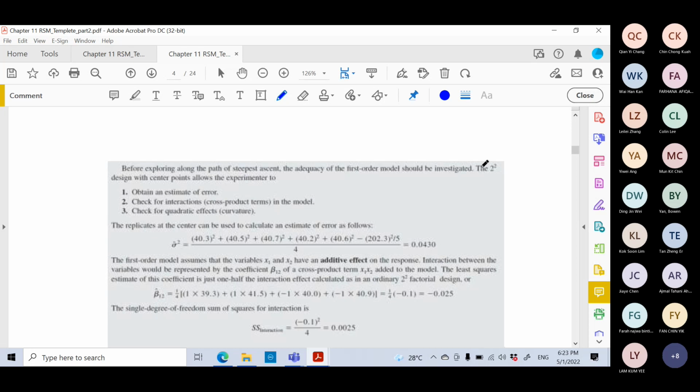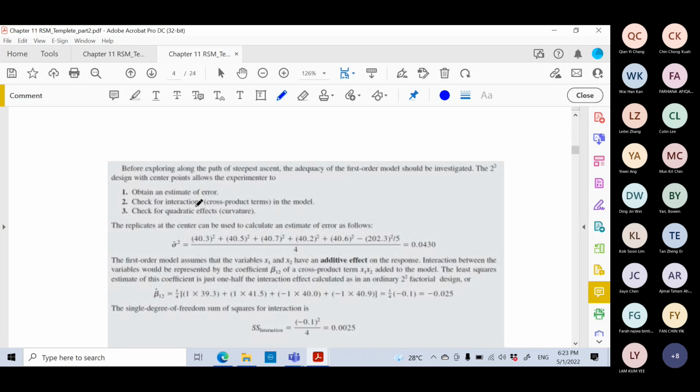How do we want to investigate the first order model? Of course, we can test out the interaction. Normally the starting point will be just the first order model, but we can still do the checking if you plan to use the model with the interaction, which is also possible.